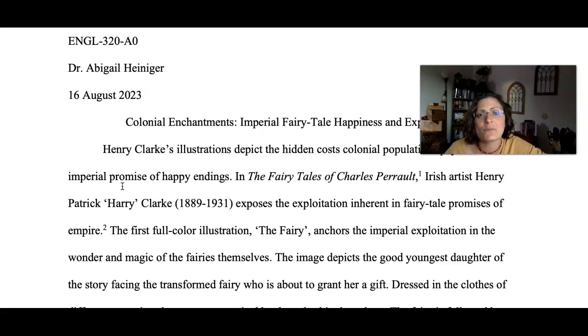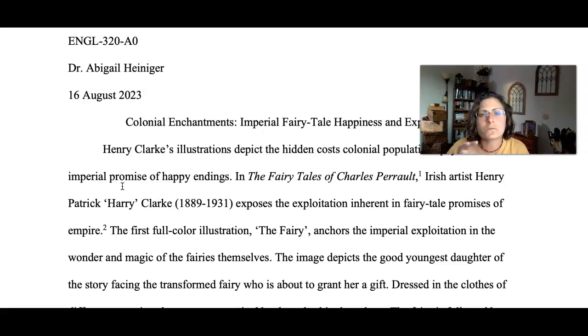At the same time, Clarke is drawing these images for this fairy tale book, he's also illustrating the war records for all of the World War I soldiers who fell during the Great War serving Britain, which is this huge point of contention and sort of a spark for the revolution that's eventually going to end in Irish freedom and independence from Great Britain after 800 years of colonial rule.